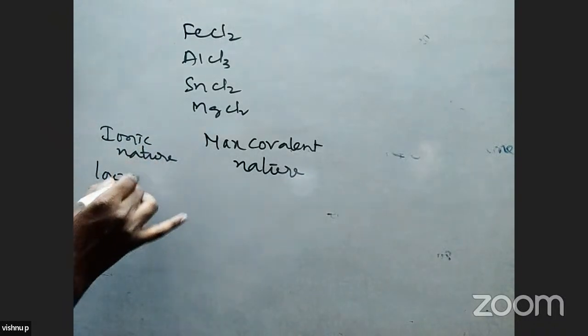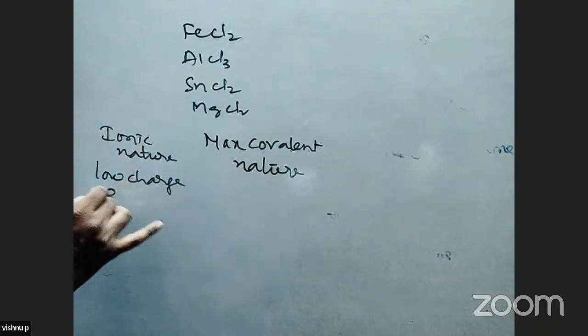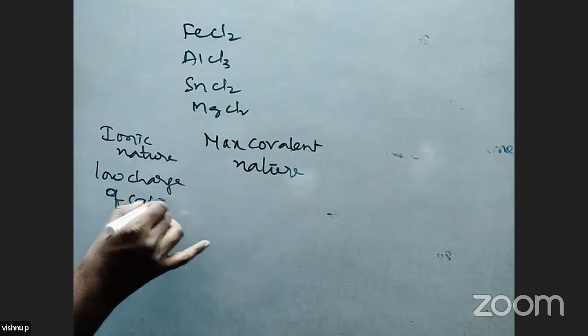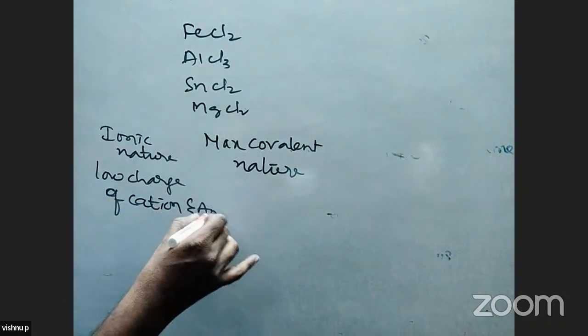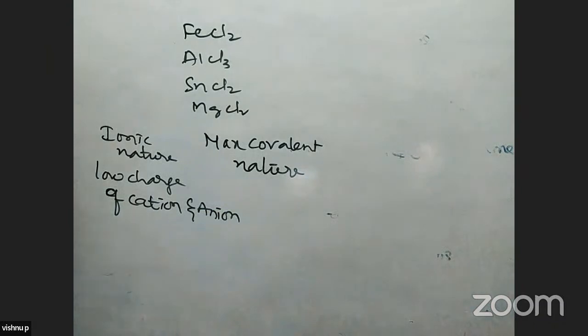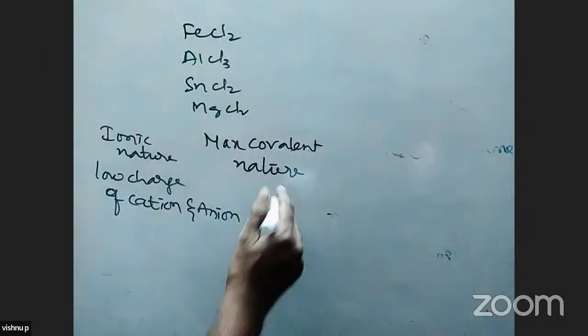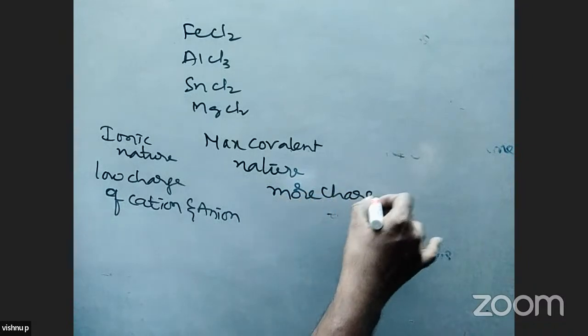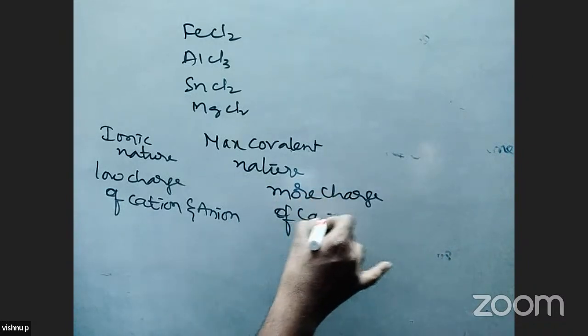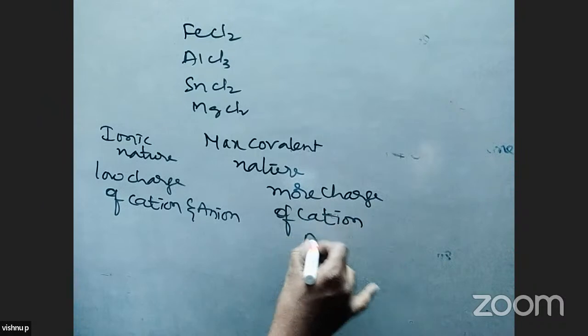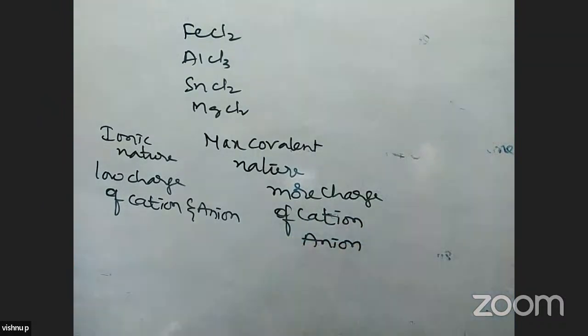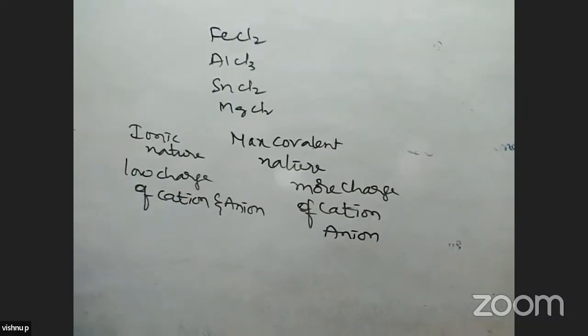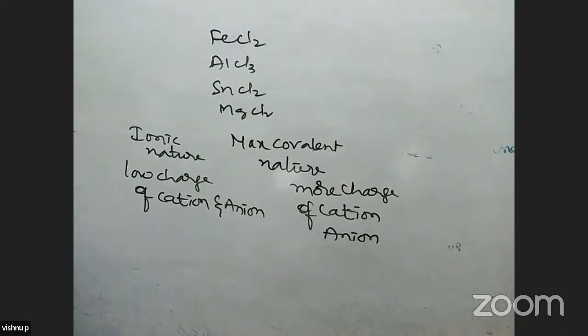Low charge on the cation and anion indicates ionic nature, and more charge on the cation and anion indicates covalent nature.